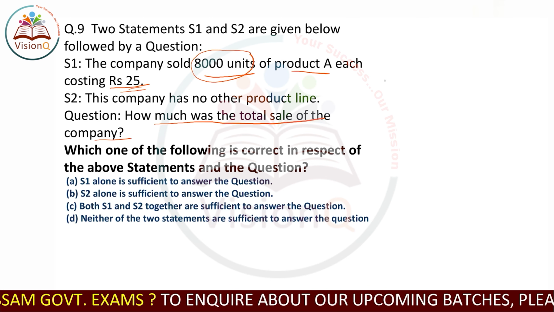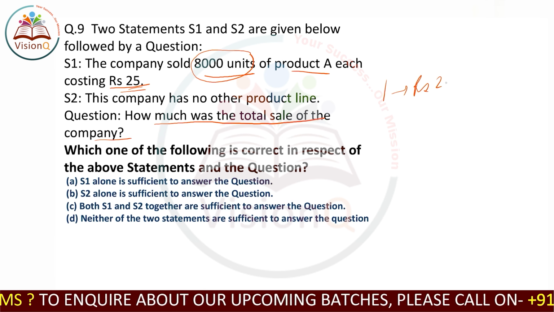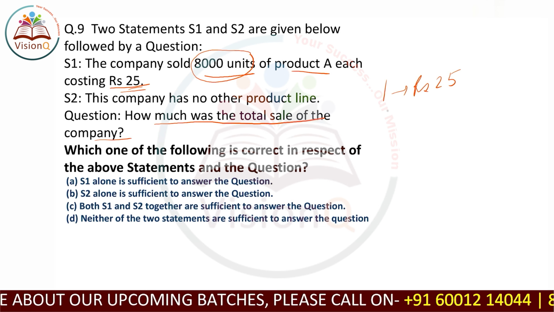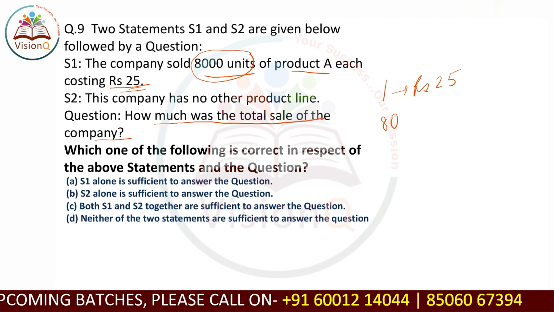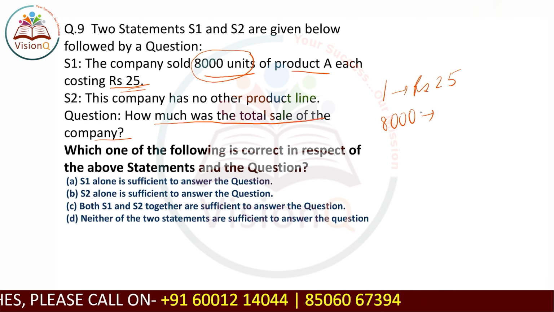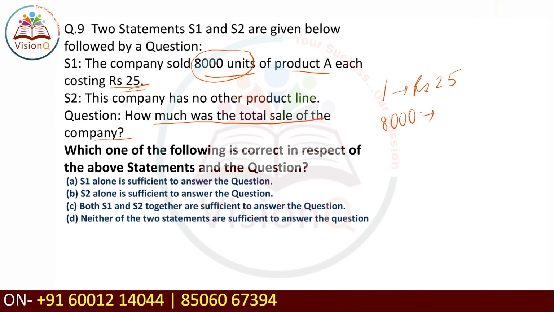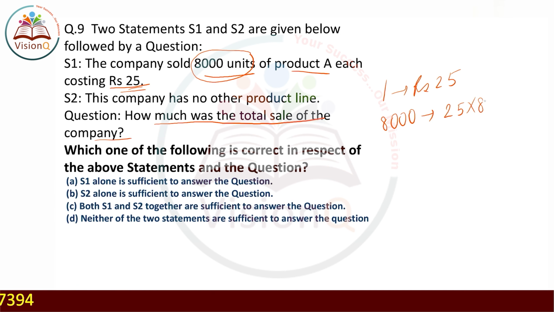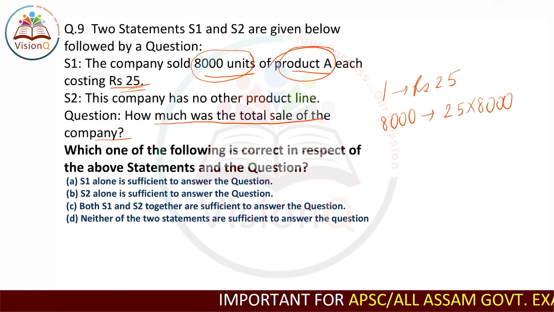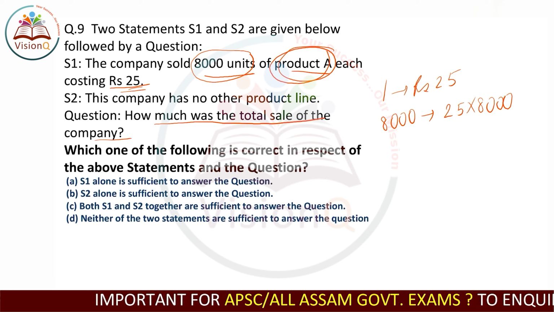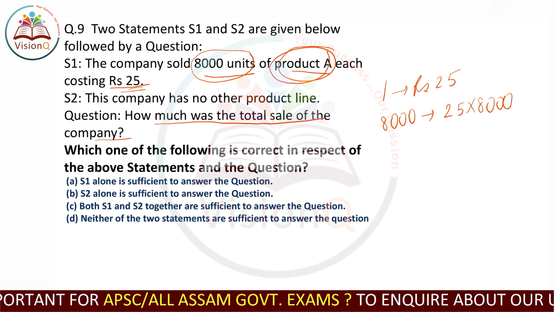So if the price of 1 is rupees 25, I can find out the price of 8,000 units by multiplying 25 into 8,000. But if you read the statement carefully, you can see that it is only about product A. So we should know whether there is any other product of this company or not.